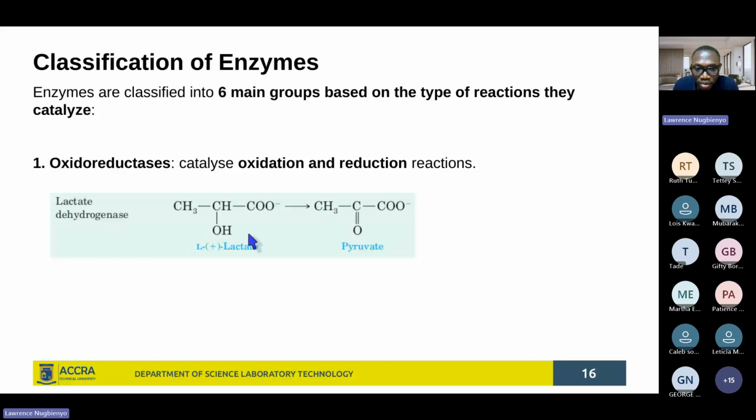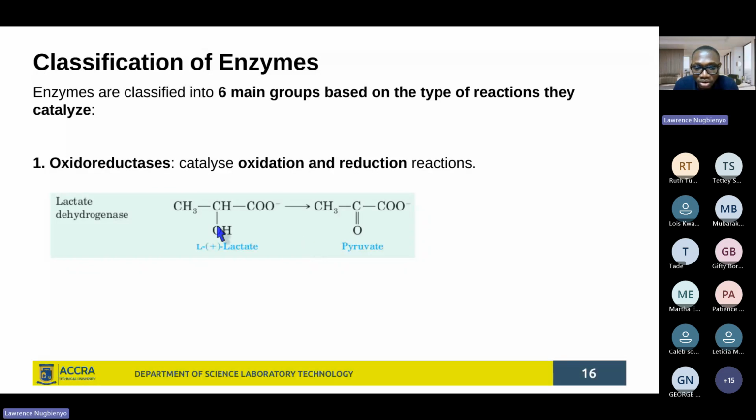You come to pyruvate, and that hydroxyl group is gone. You now have a C double bond O group there, the ketone group. That's what you have over there. That's an oxidation reaction.